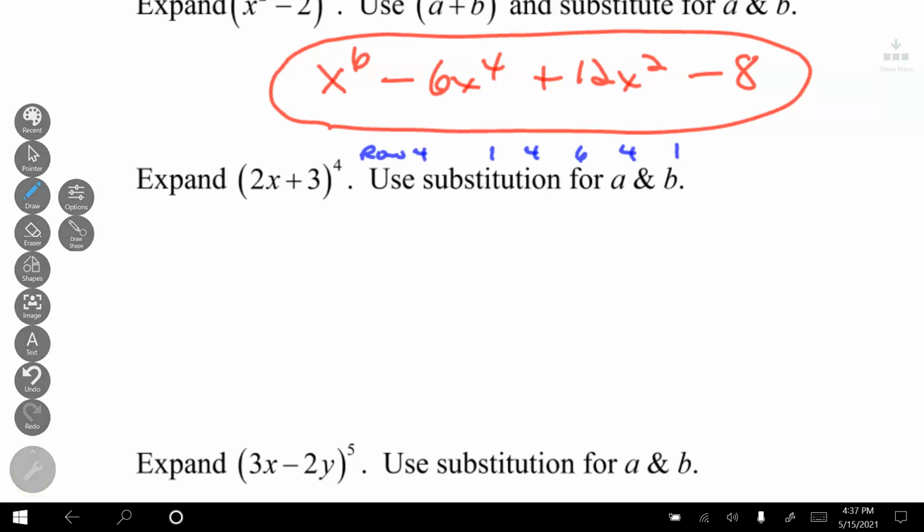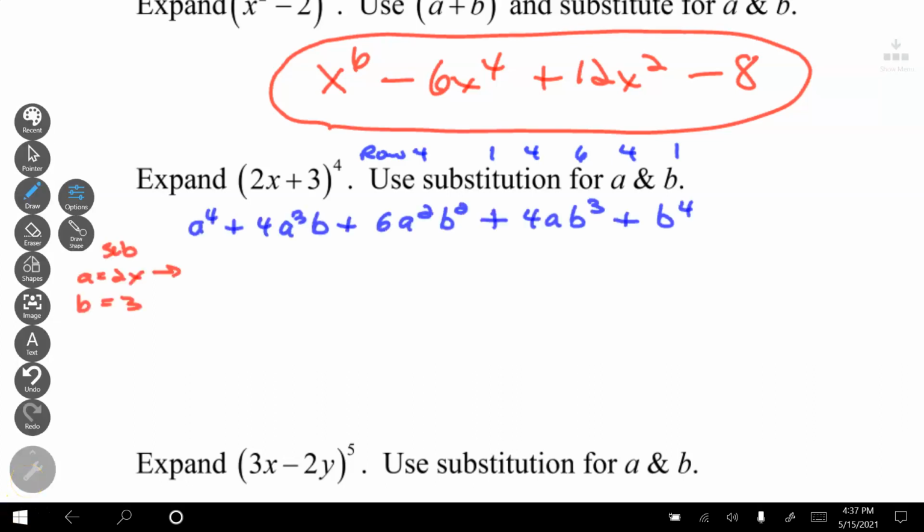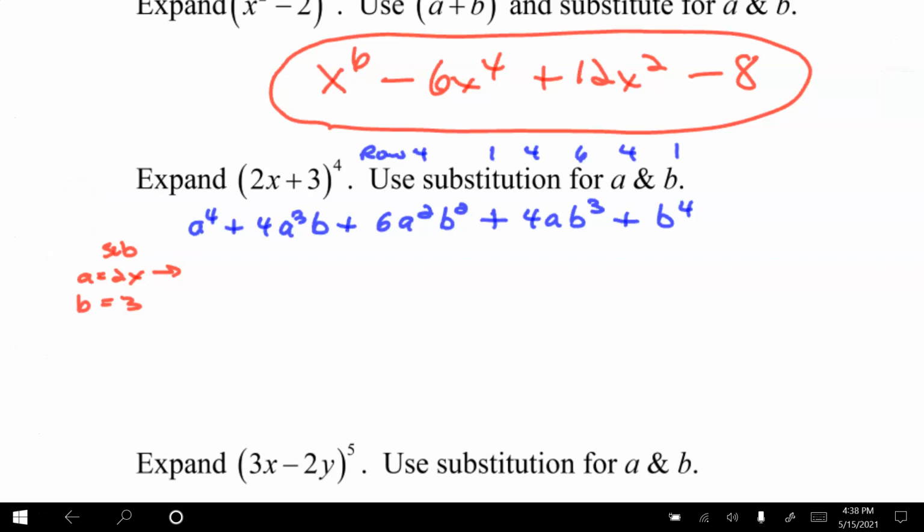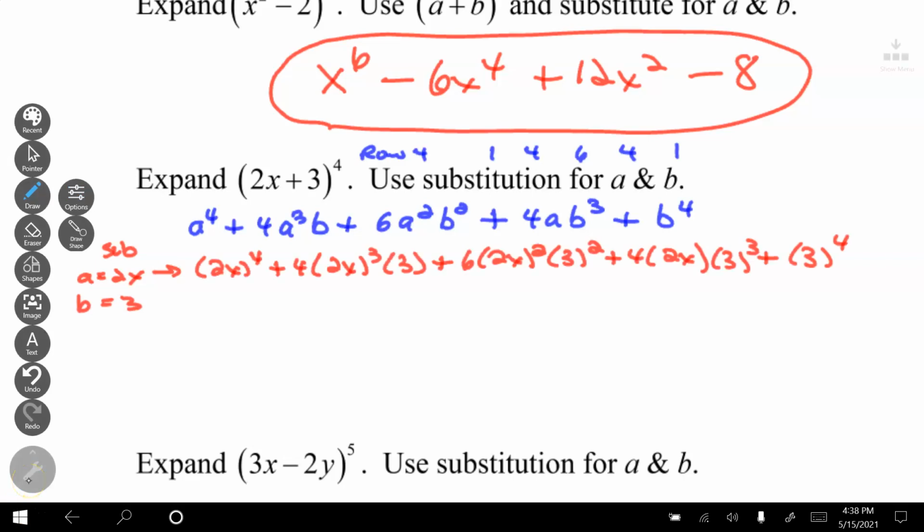1, 4, 6, 4, 1. So I'm going to write it with a's and b's to begin with. My next step, I'm going to substitute in a equals 2x and b equals 3, and I'm going to use parentheses. It is really important to use parentheses when you put 2x in for a and 3 in for b. So notice I put all that in with parentheses, and now I'm going to determine what each term is going to give me when I put this all together.